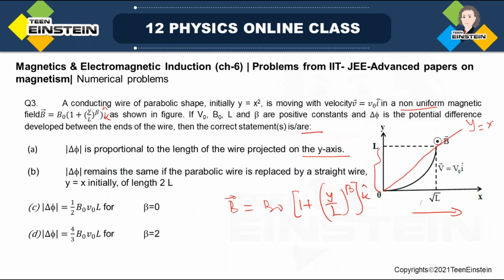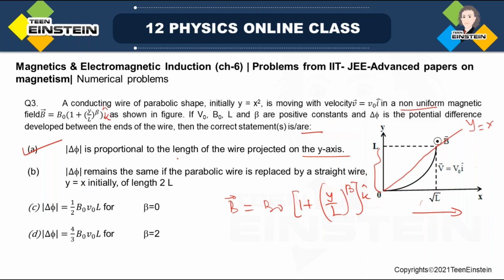So change in the flux means EMF, right? So it is proportional to the length of the wire projected on the y-axis. That is very true. Now this delta phi remains constant if the parabolic wire is replaced by a straight wire y is equal to x.